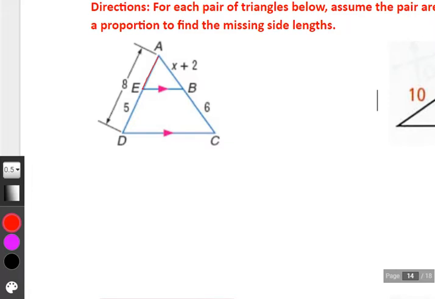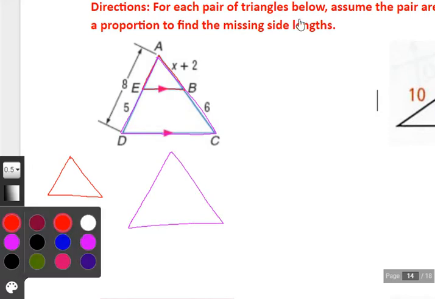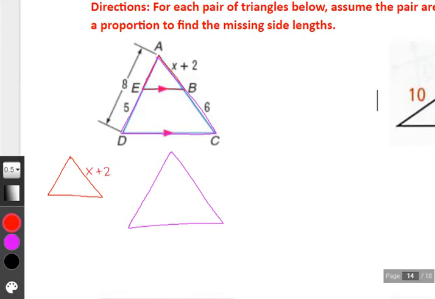Here we have the small red triangle, and I'm going to draw it right here. And then it overlaps this larger pink triangle, which I'm going to draw right here. If I look at the small triangle on the left, I have x plus 2.